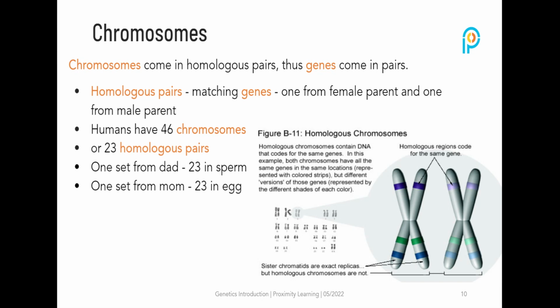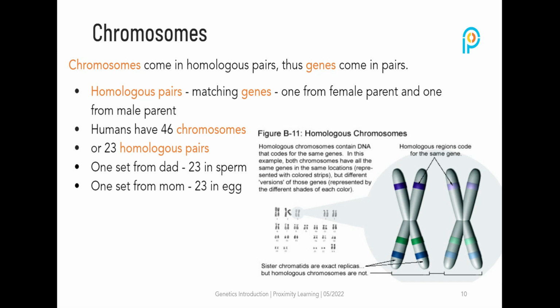From those 46, you get one set from dad. That's 23 in the male sex cell, which is the sperm. And you get a set of 23 from your mom, and that's from the egg, of course. All right.